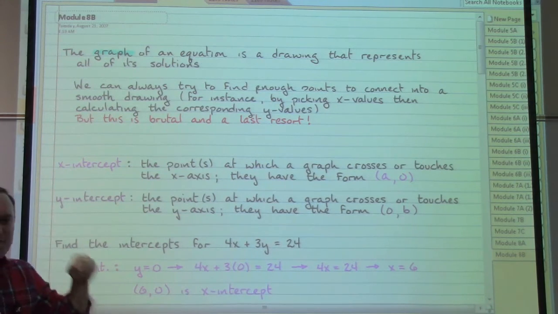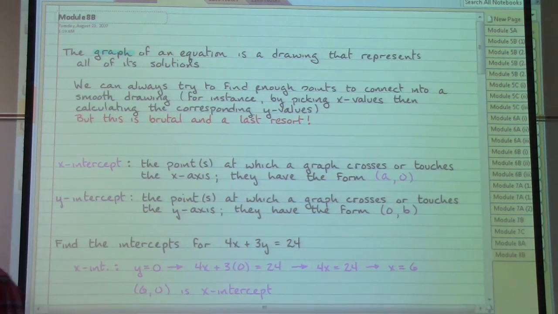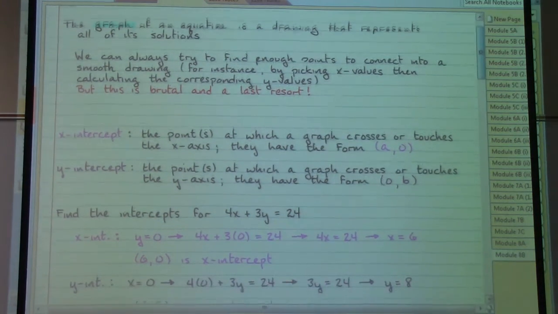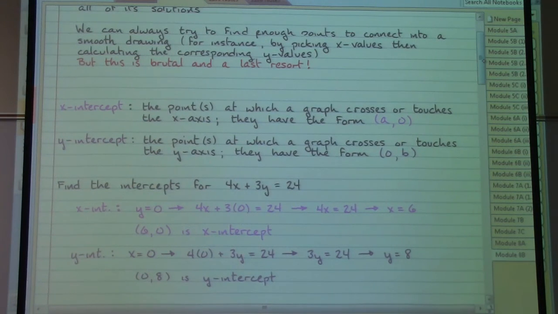So the X-intercept, the Y-intercept, these might be helpful things for us. And again, from our earlier offhand comment, the Y-intercept is the one that actually is the more useful. But we want to mention both simply because there are occasions where we need X-intercepts.